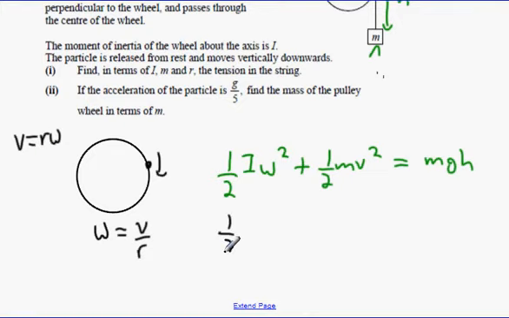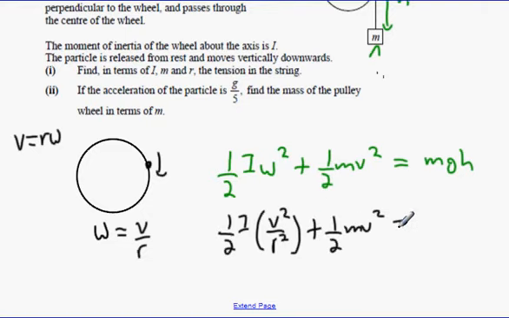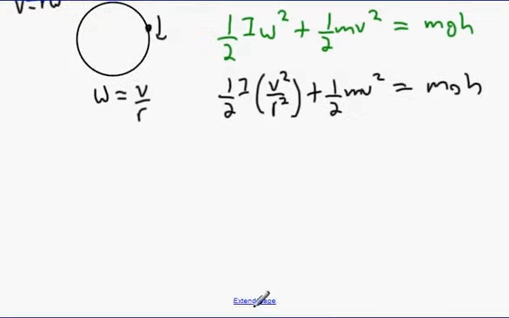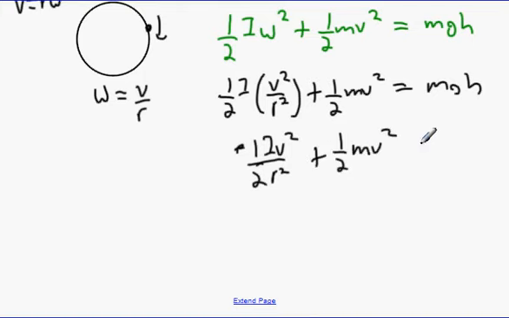This converts the formula into a half I v squared over r squared, plus a half m v squared equals mgh. Then we can tidy that up a little bit, and what we're going to get is a half times I over r squared times v squared, plus a half m v squared equals mgh.